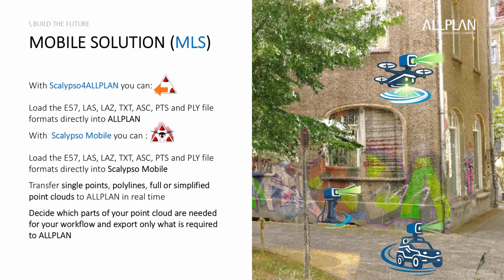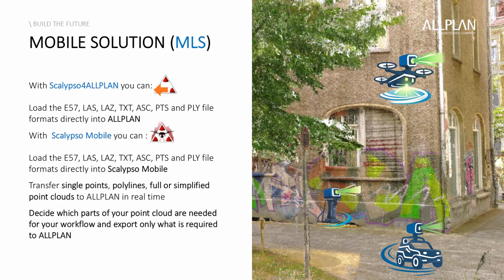Looking at it from a different perspective, Scalypso Mobile does not load the point cloud directly into Allplan. Instead, it loads it into this specialized tool, utilizing the exact same formats we mentioned previously. This provides me with the flexibility, thanks to an intuitive graphical interface, to manage which individual points, detailed polylines, or simplified point clouds I truly want to bring directly into Allplan.